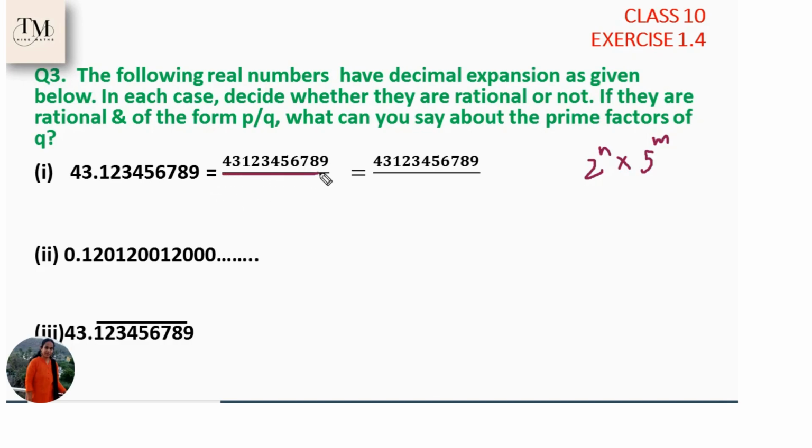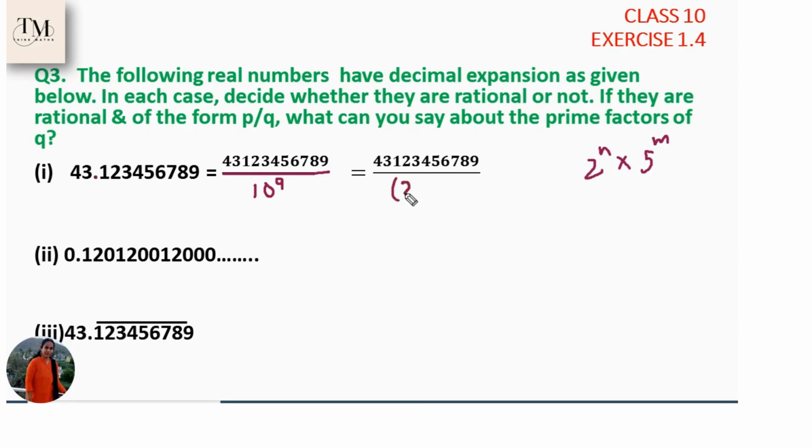That is, we have to find the denominator. So here, how many points are there? 1, 2, 3, 4 here. Before 9 points, there is a decimal. So the denominator can be written as 10 to the power 9. So this 10 can be expanded.